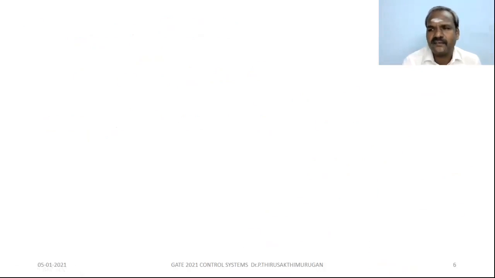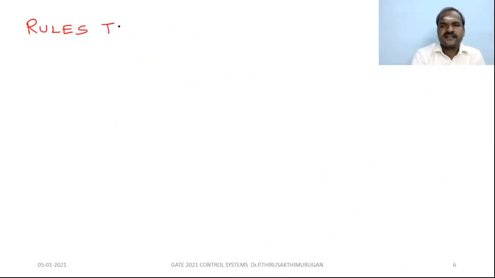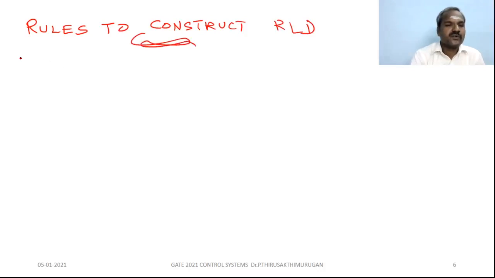So let us see the rules to construct a root locus diagram. What is the first rule?